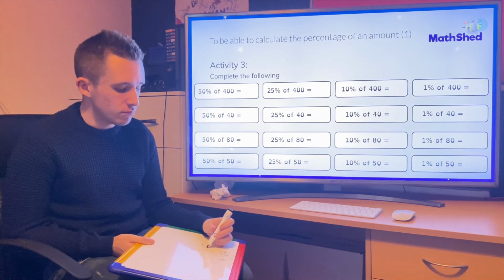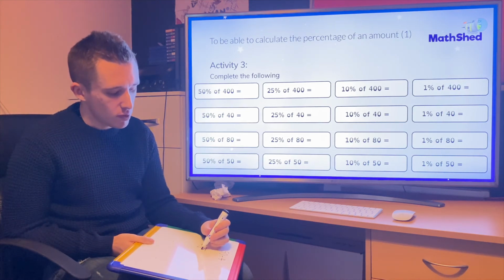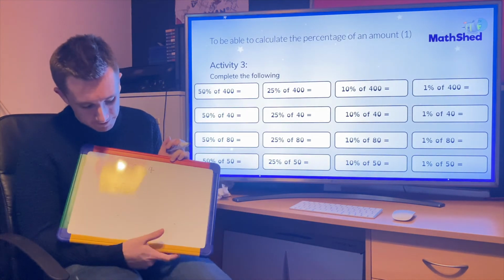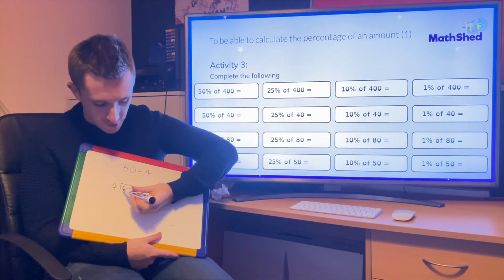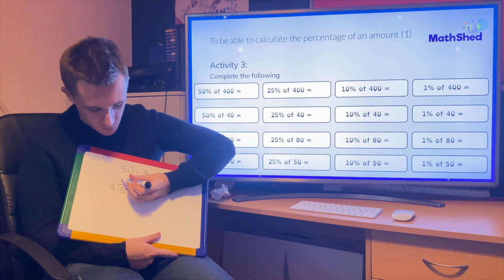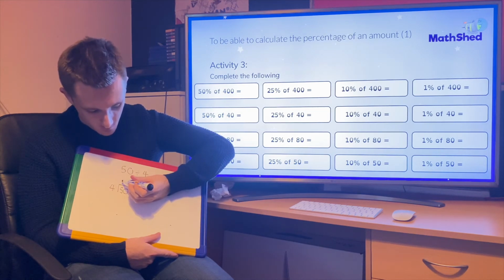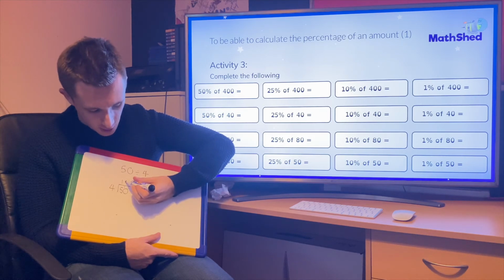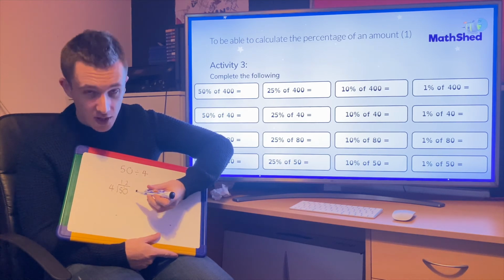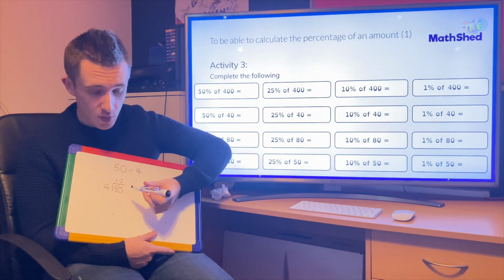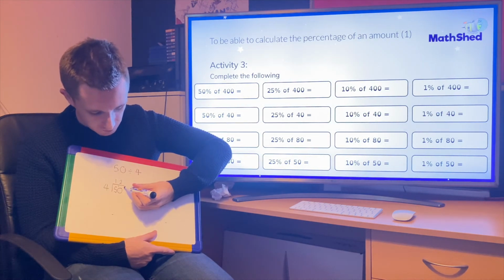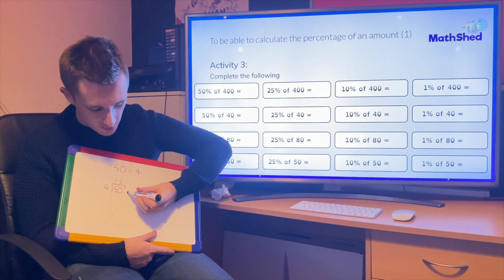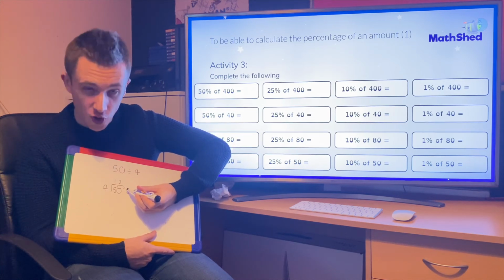Now, you can't divide 50 by 4, not equally anyway. So you do 4 into 50, well that goes, 4 into 5 goes once, with 1 left over. 4 into 10 goes twice, and that would leave us with 2 left over. Now that 2, we need to invent a 0 for that 2 to go to.